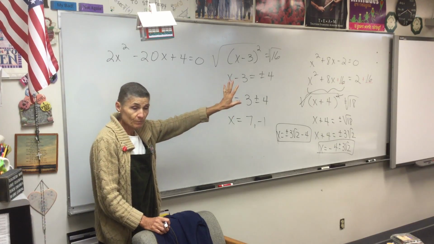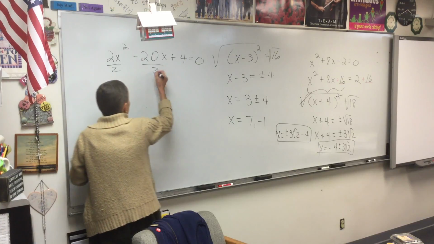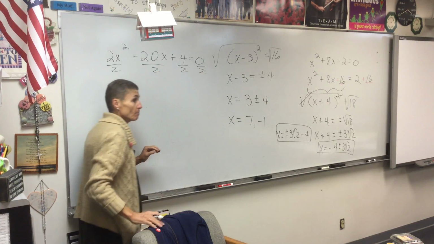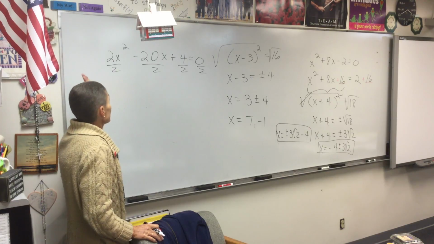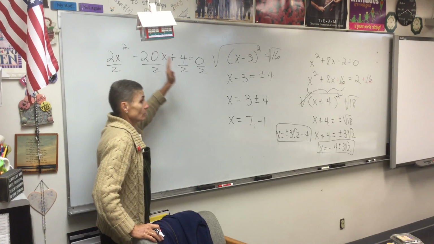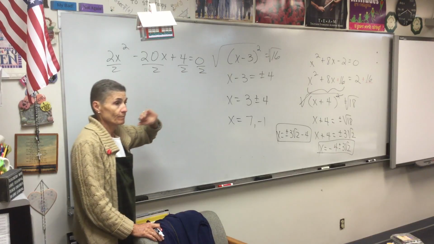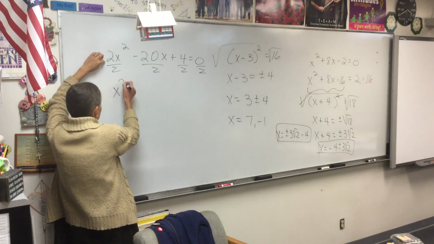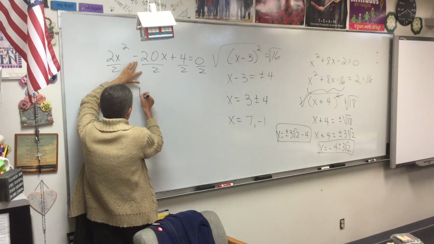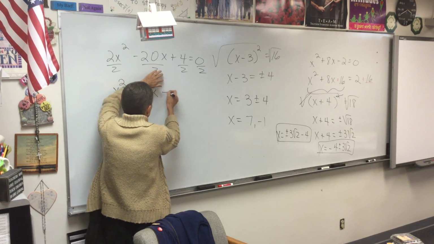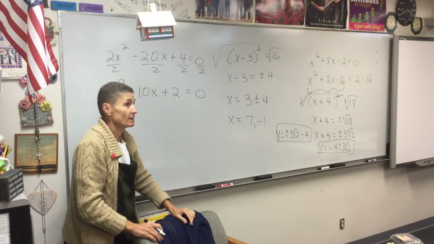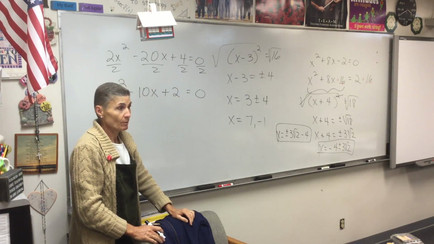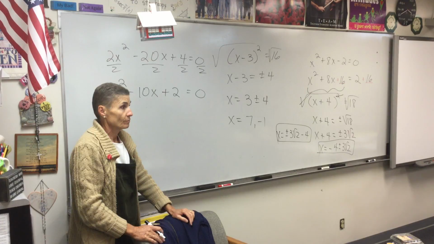Get it out. So we're going to divide everything in the problem by 2. Now notice, I divided every single thing by 2. So I'm left with x squared minus 10x plus 2 equals 0. Remember, 0 divided by 2 is just 0. Okay?